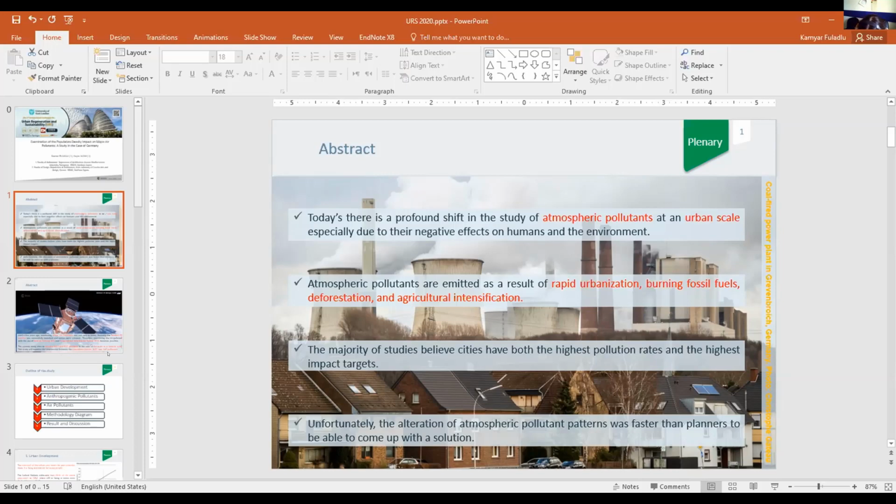So the city always has both the highest pollutant rate and the highest impact target, but unfortunately the alteration of this atmospheric pollutant pattern was faster than planners were able to come up with a solution.